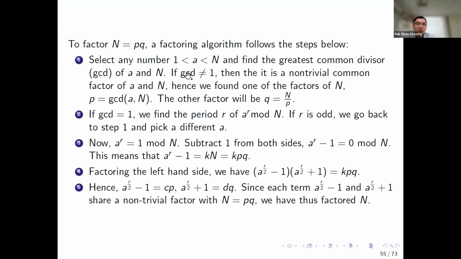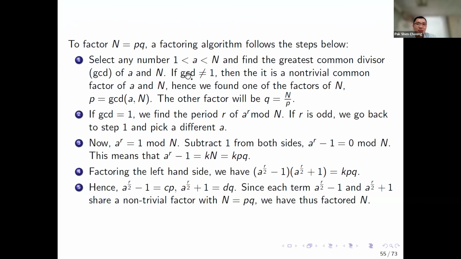First, randomly pick a number, identify the GCD. If the GCD is not equal to 1, you need to select again. If the GCD is equal to 1, then you proceed to the next step. See whether or not your period is an even number. If it is an even number, then you manage to factor it by minus 1 on both sides and then do the difference of squares.